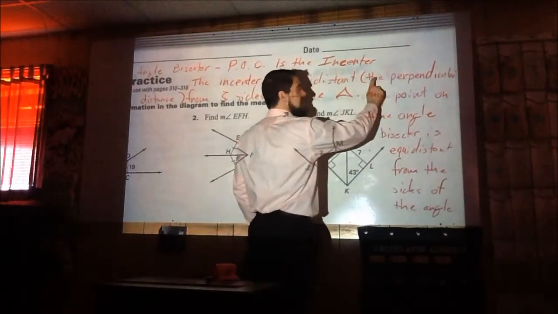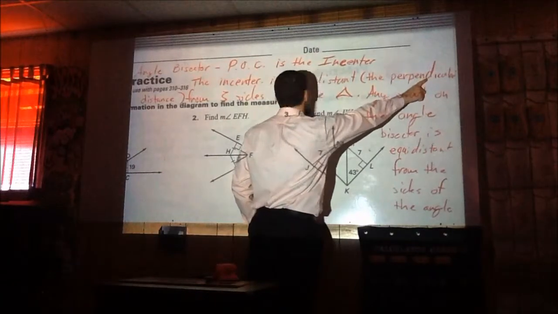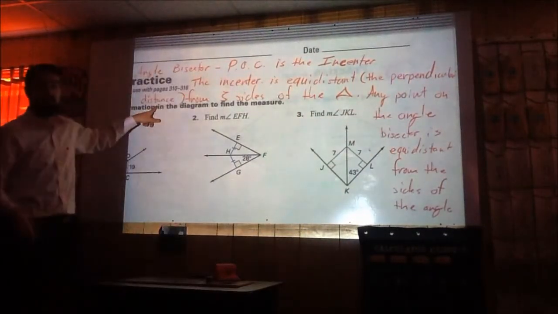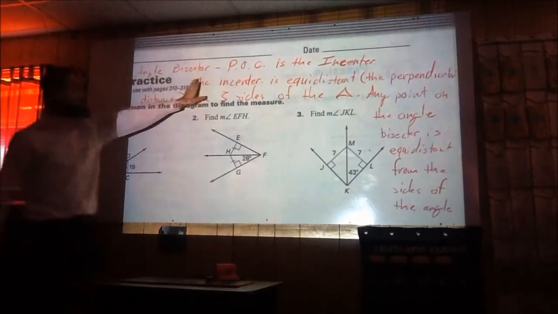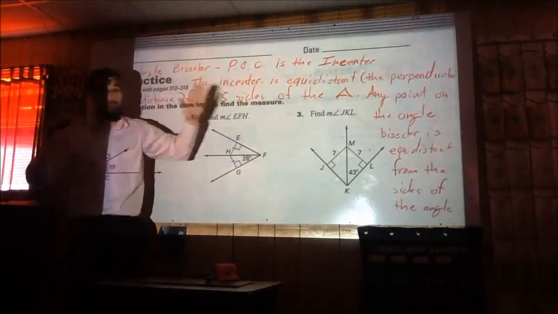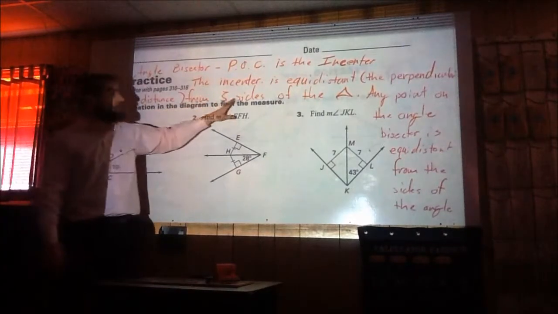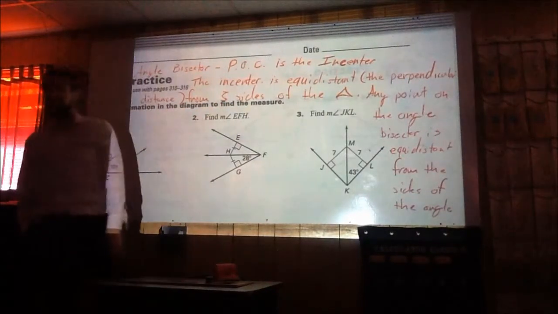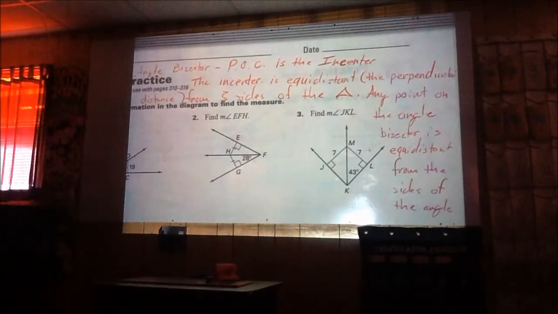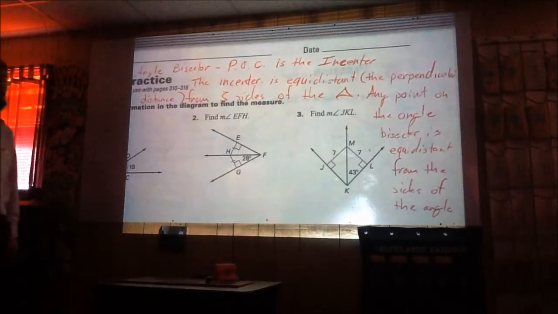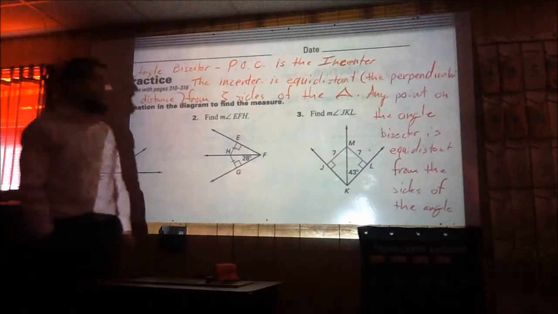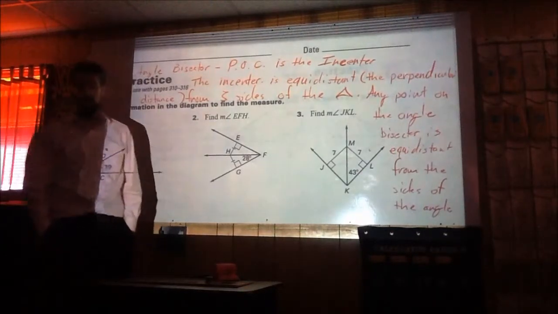So that has to be the perpendicular distance. The incenter is equidistant. You have to be talking about the perpendicular distance from three sides of the triangle. Your incenter is equidistant from the three sides of the triangle.